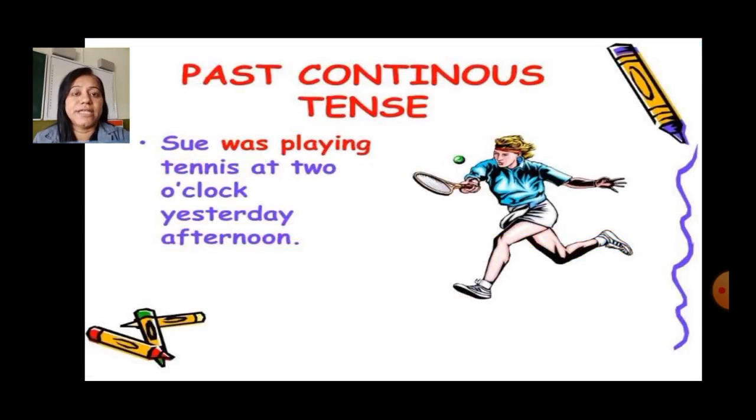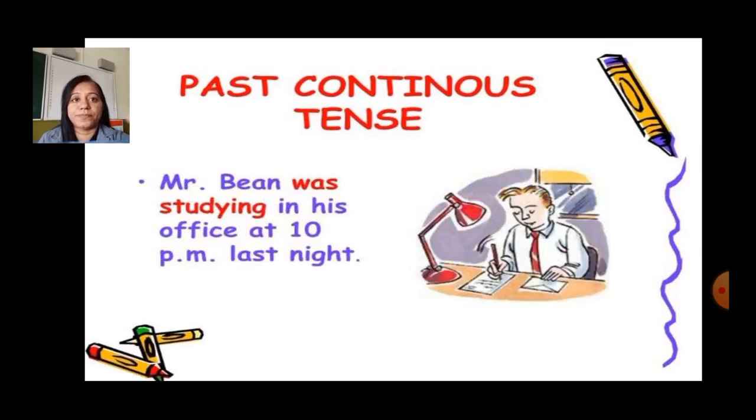Now, let's take another example. She was playing tennis at 2 o'clock yesterday afternoon. Here we are talking about yesterday, we are talking about the past. But at that time she was playing tennis. So this sentence is known as past continuous tense.